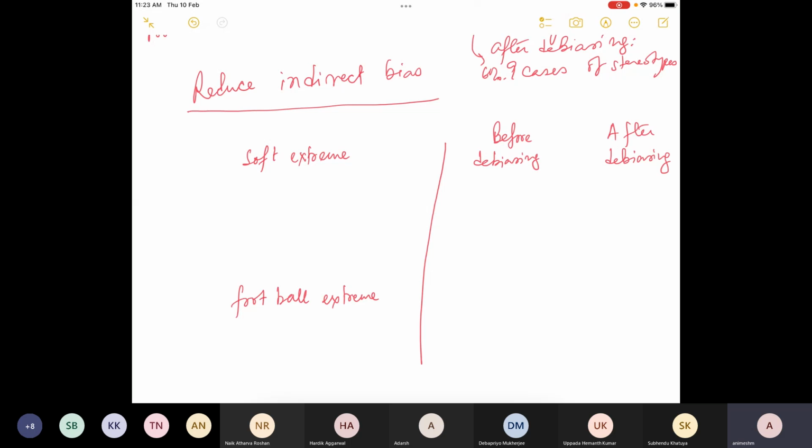Okay, so before debiasing, the softball extreme had bookkeeper, receptionist as the closer ones.